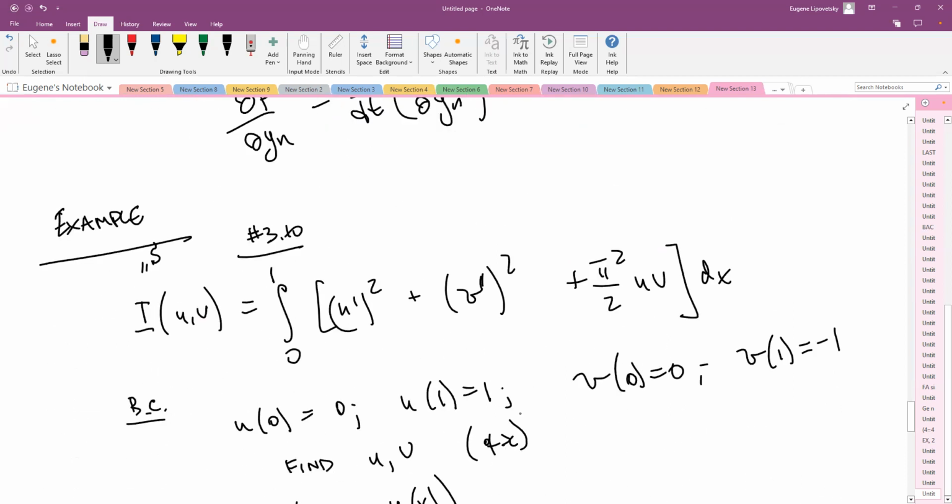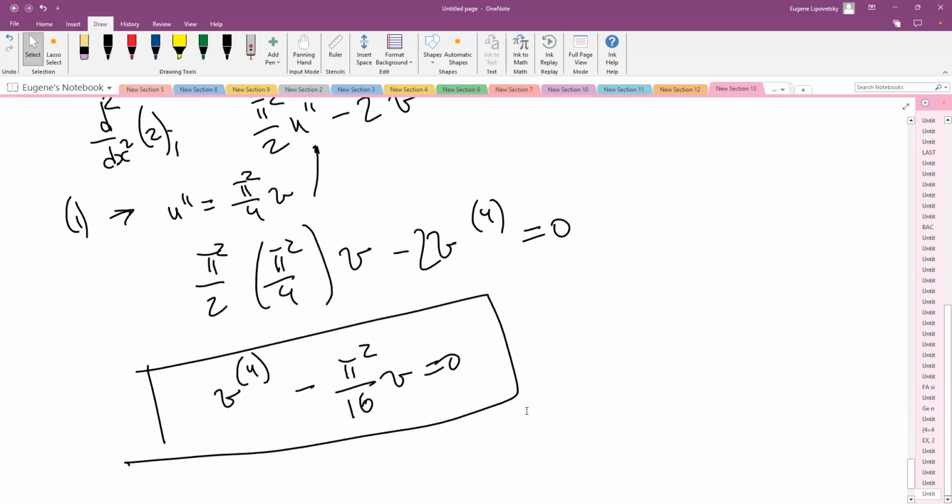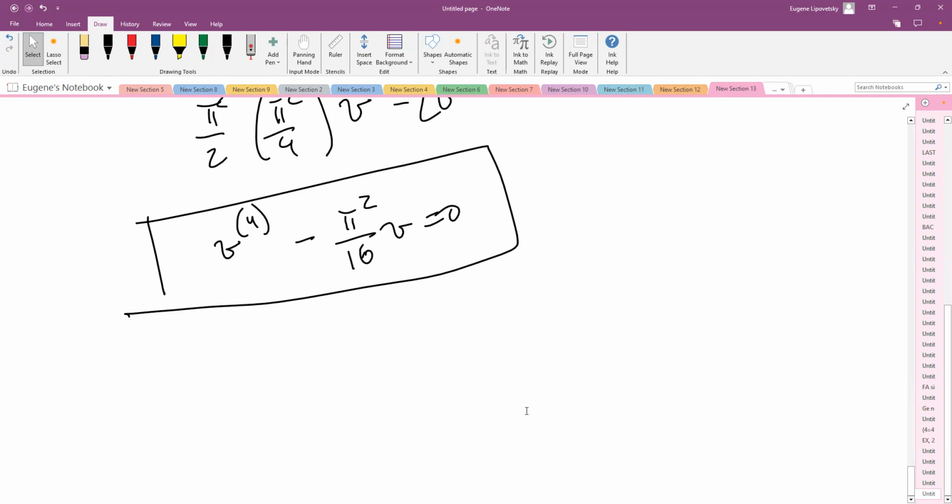Did I do the boundary conditions? Yeah, we have u of 0, u of 1, v of 0, v of 1, right? Okay. So we'll have to figure something out, because for this one we need 4 boundary conditions, but we just have 2 for v, right?